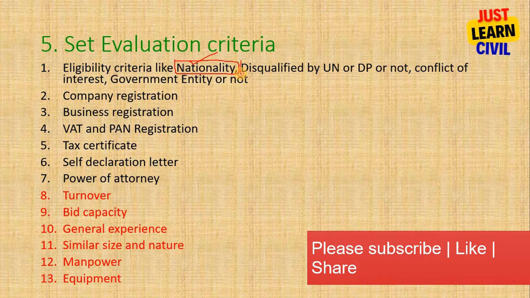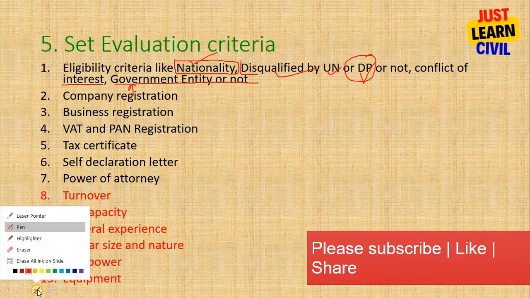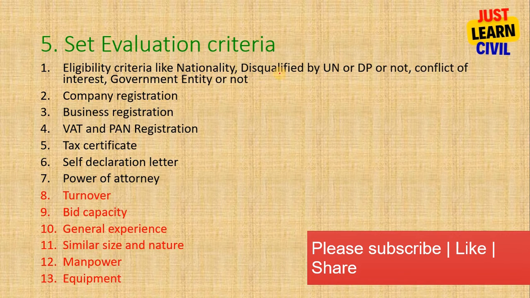You also need to ask the bidders whether they are disqualified by the UN or development partners, if there are any development partners. Is there any conflict of interest, or are they a government entity or not? If they are a government entity, they cannot apply. They need to self-declare this. It is also included in the letter of bid.